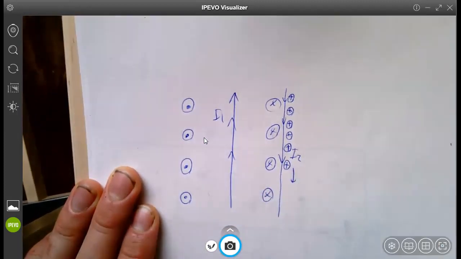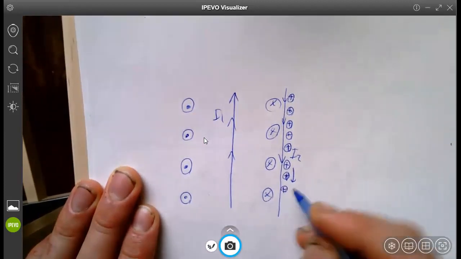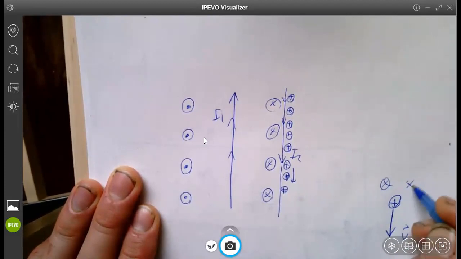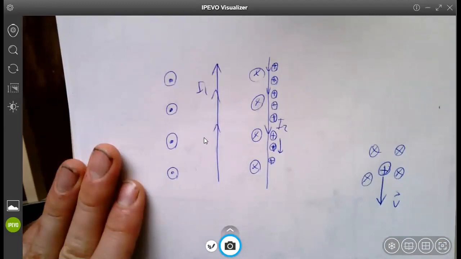So now you can kind of put together the puzzle pieces here. If we have a bunch of charges that are moving downwards, well, that's like saying we have a charge that's moving downwards, this V is moving downwards, and it's in a magnetic field that's pointed into the page. So again, let's use the right-hand rule.